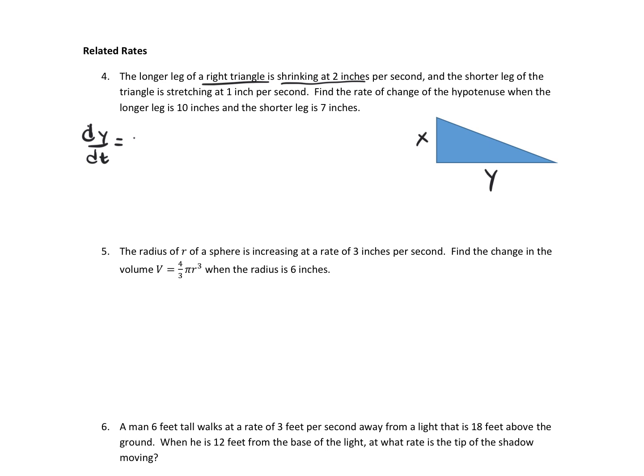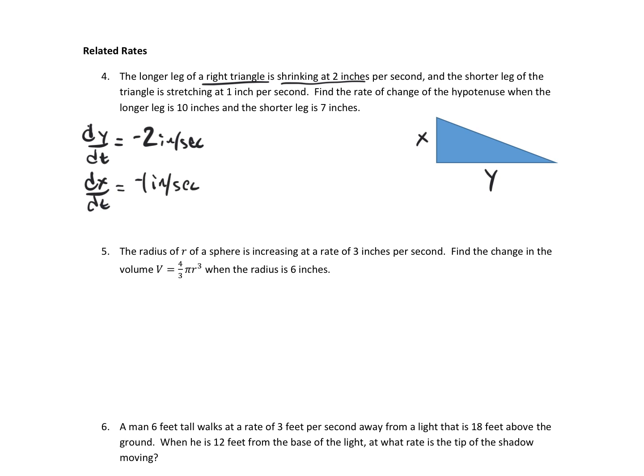That's the rate of change there at -2 inches per second. Units are important here. Now we've got a shorter leg of the triangle is shrinking at 1 inch per second. All right, so the short leg there, call that x. So that's dx/dt, and that's -1 inch per second.